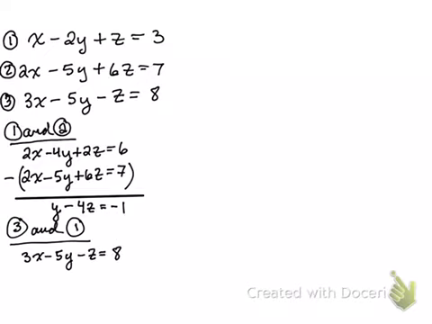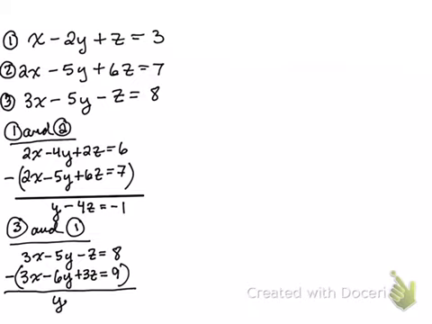Okay, so bringing down equation 3, it goes 8. And then equation 1, I'm going to have to multiply by 3. It's 3x, 6y, 3z, and 9. And then I'm going to subtract those 2 equations. Negative 5 minus negative 6 gives me y.